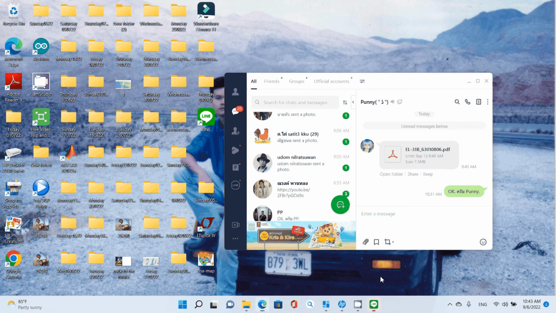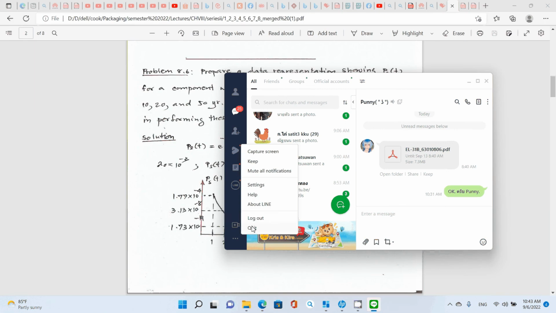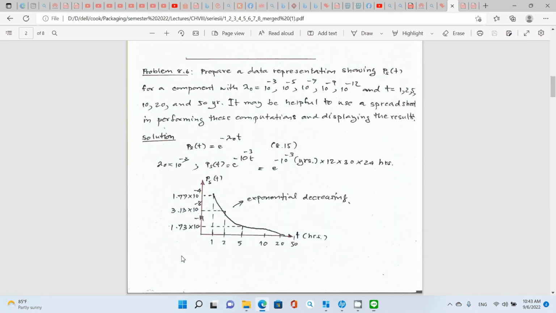Let's plot. And you get an exponentially decreasing P(t), or survival probability, with respect to time. And you can do the rest. So you have 5 plots for 5 different lambda zeros.